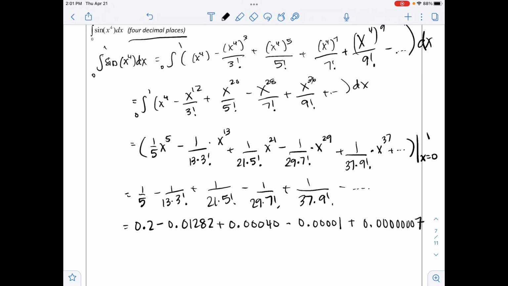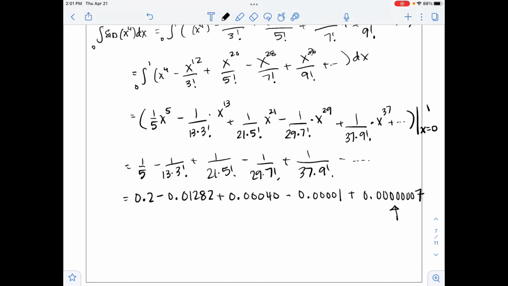And if you notice, this last term is affecting decimal places that are farther away from the fourth decimal place that we need. So this is correct to 4 decimal places and not needed.